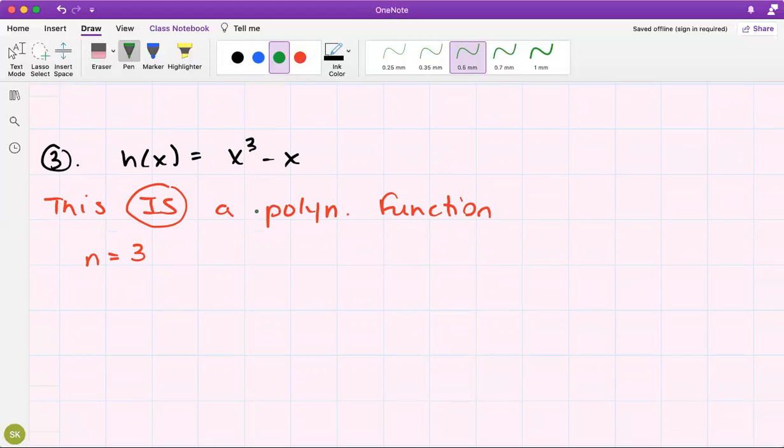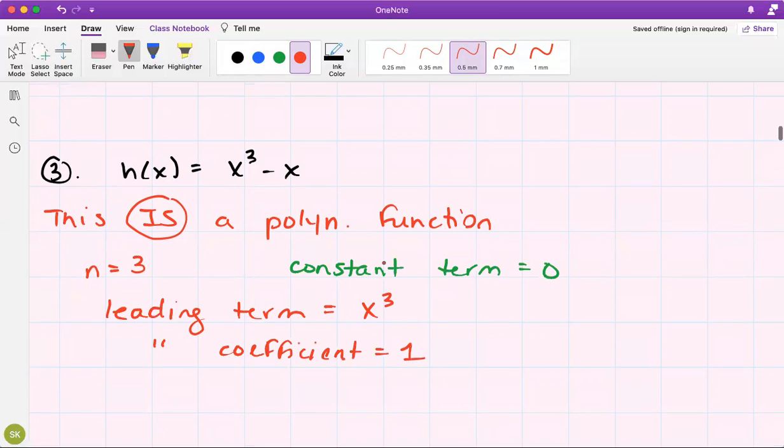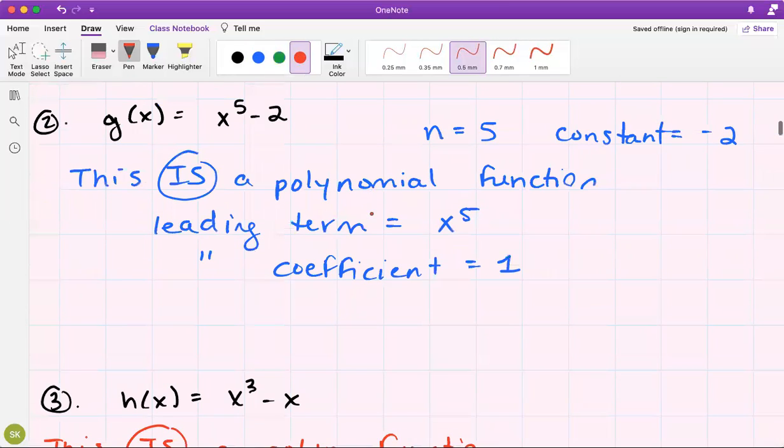Or in other words, you could say the constant term is 0. Because remember, the constant term is the part without an x. And this piece has an x, this piece has an x. The leading term is x cubed, and the leading coefficient is just 1. That was everything we needed to find.